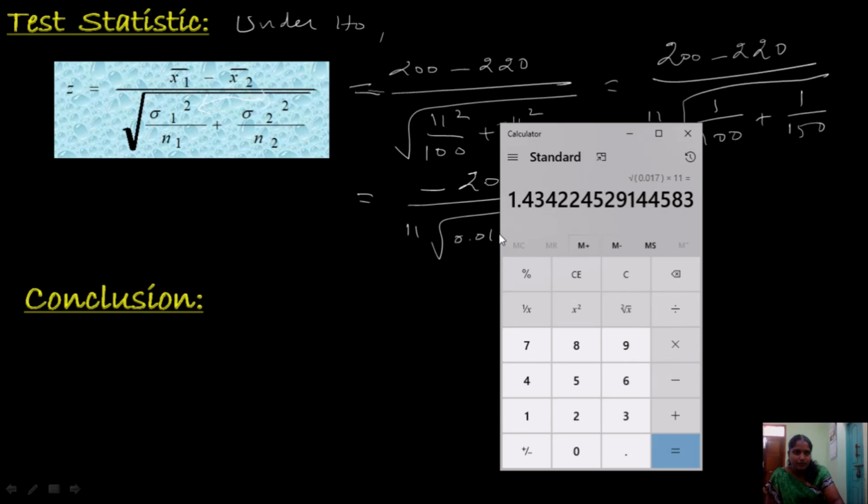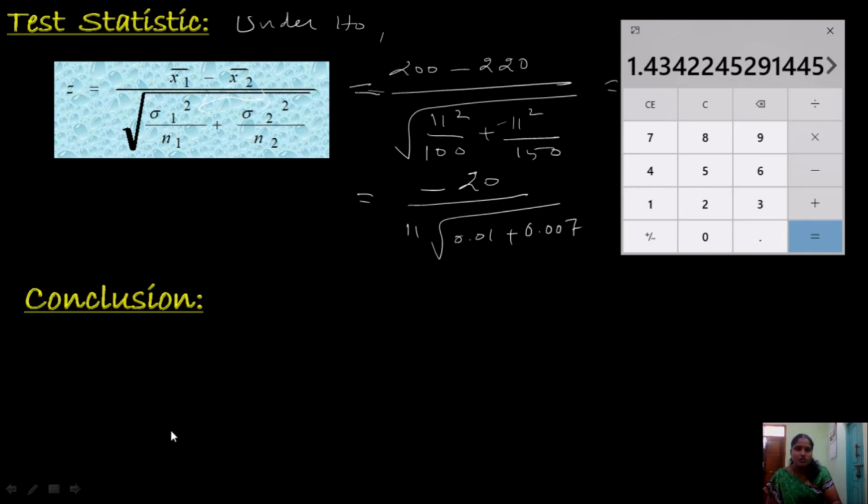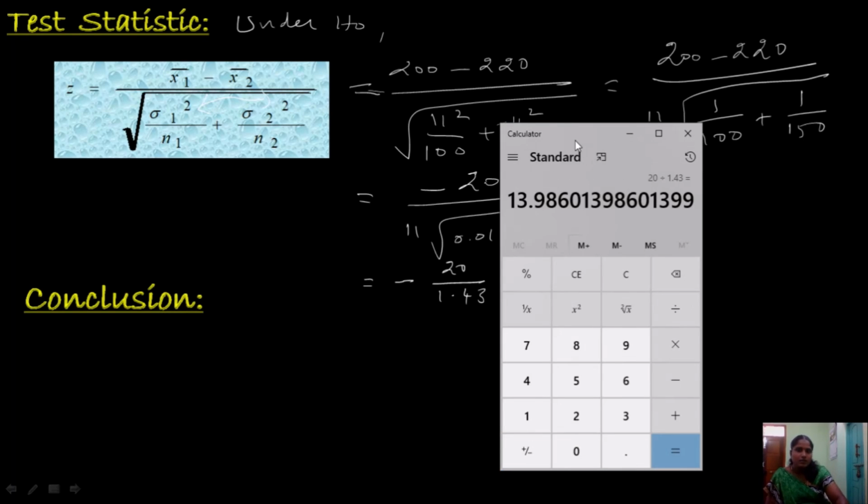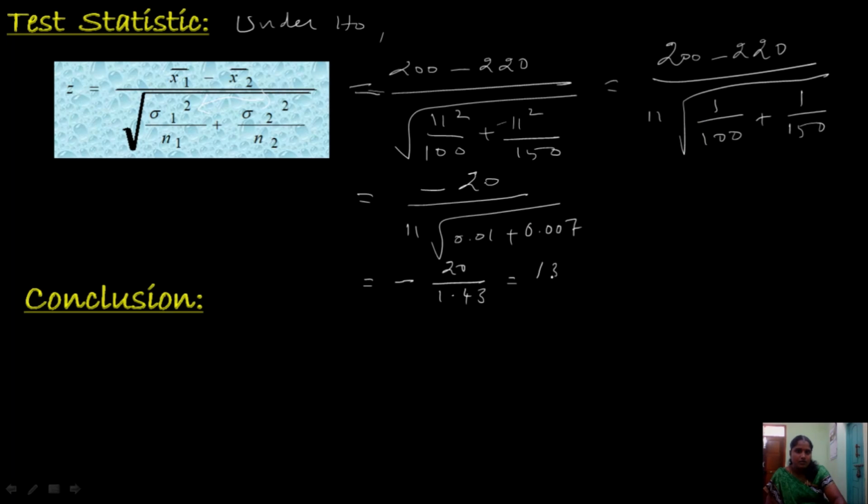Here I have to take up to 2 decimal places, so 1.43 only I have to take. So that is equal to minus 20 over 1.43, and you divide 20 by 1.43, you get 13.986, etc. Here I have to take up to 2 decimal places, so 13.99, negative 13.99.